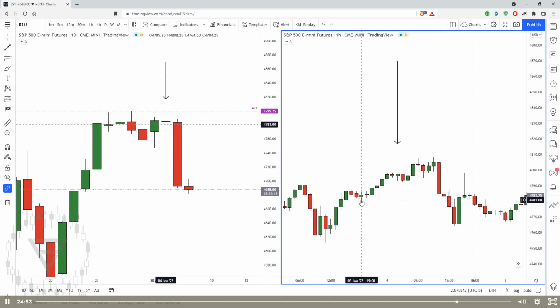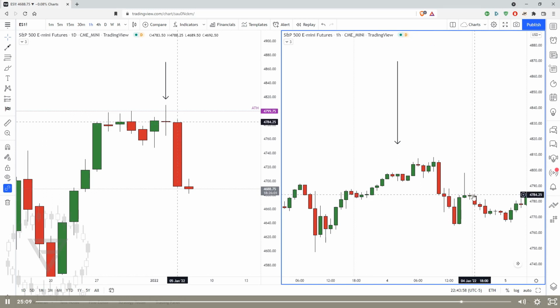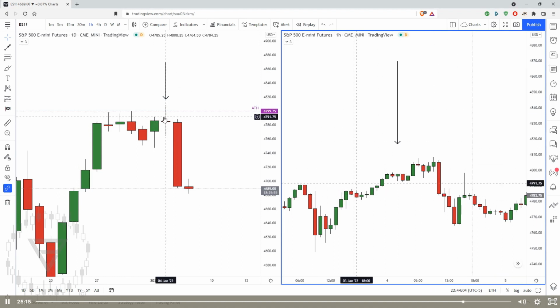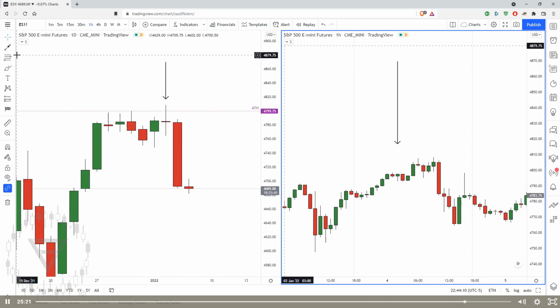Now we have 1, 2, 3, 4, 5, 6, 7, 8, 9, 10, 11, 12, 13, 14, 15, 16, 17, 18, 19, 20, 21, 22, 23 candles. Like I said, futures is closed from 5 to 6 p.m. Eastern time, so we're open 23 hours. So in this daily candle in futures, we had 23 hourly candles.